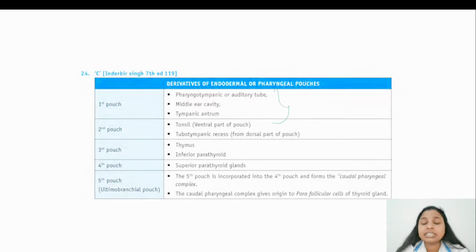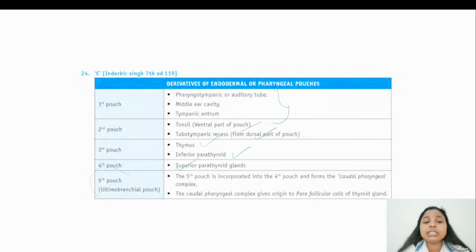The second pouch, its ventral part gives rise to the tonsil and the dorsal part to the tubotympanic process. The third pouch gives the thymus and inferior parathyroid. The fourth pouch gives rise to the superior parathyroid glands.